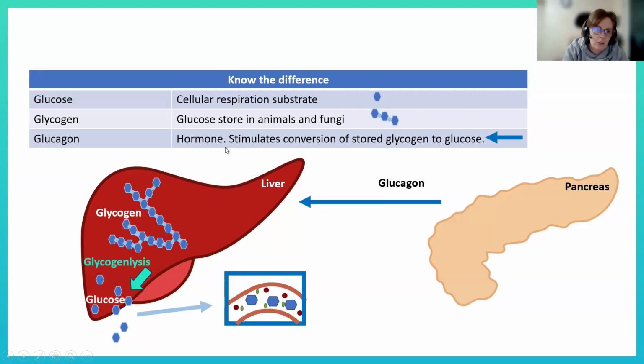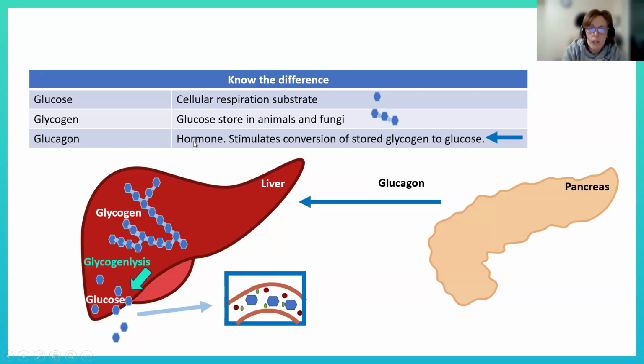It's stored as starch in plants, just for information, which is why we eat loads of plants. You know, we eat things like rice, potatoes, grains. They're all full of starch, which is basically molecules like this, where glucose is joined together in chains.